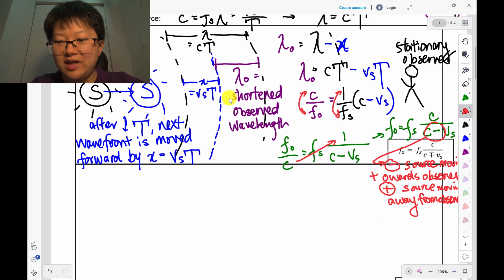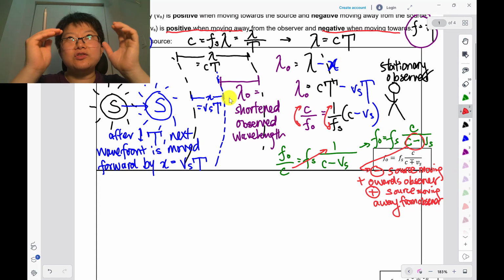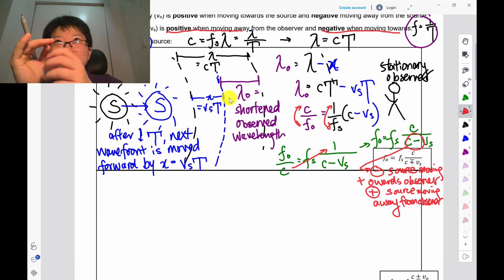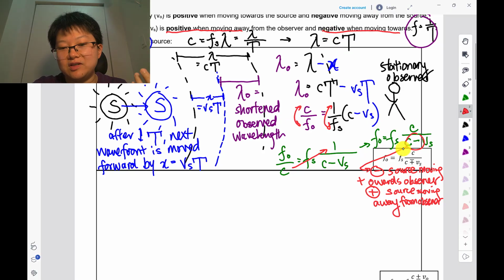And that kind of makes sense because if your source is moving towards you, you're going to get a higher frequency. If you subtract a number in your denominator, it makes your denominator smaller, and as a result this whole fraction is going to turn out bigger. A bigger number times your source frequency is, of course, going to result in a higher observed frequency.